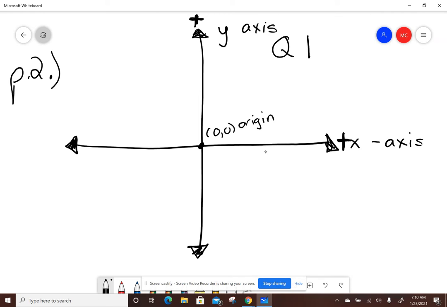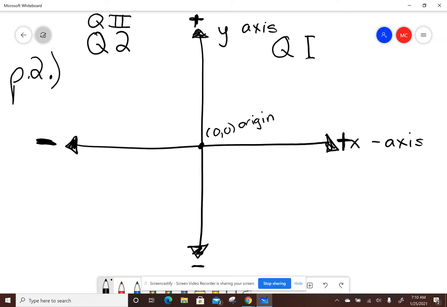Now, quadrant 2, this is where the x values are negative, but y is positive. This is quadrant 2. Now, often when you see these quadrants, you see Roman numerals. So I'm going to do it both ways. You should try to remember the Roman numerals, but if you write regular, that's fine with me.